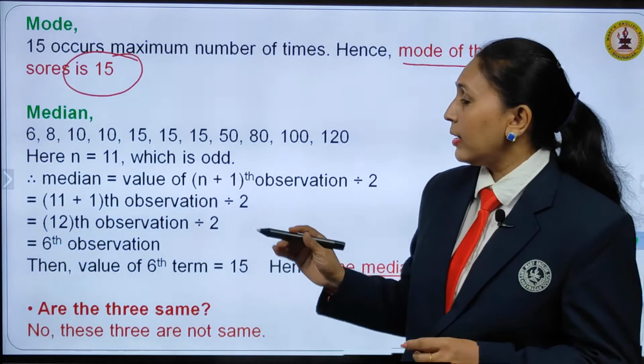Which is my 5th observation? 1, 2, 3, 4, 5. This is my 5th observation, that is 14. Hence, children, the median of the given data is 14. Okay.